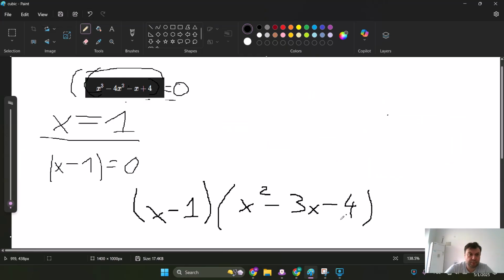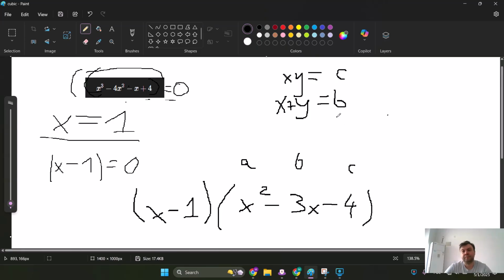We're almost done. This is our quadratic equation, with coefficients a, b, and c. When we factor a quadratic equation, we need to find two numbers such that x times y equals c, and x plus y equals b.